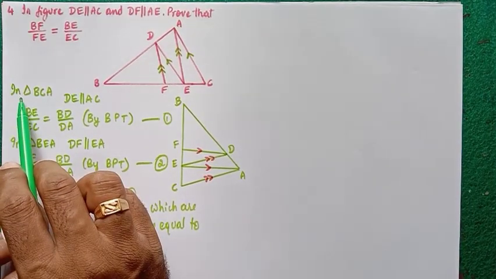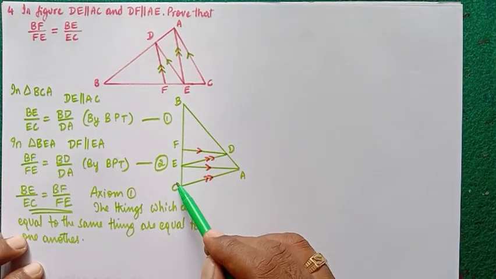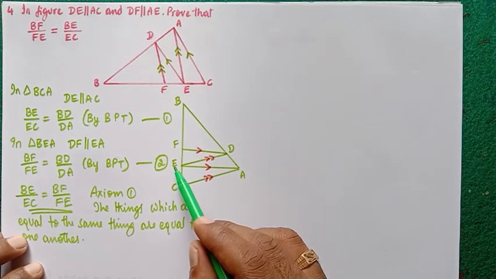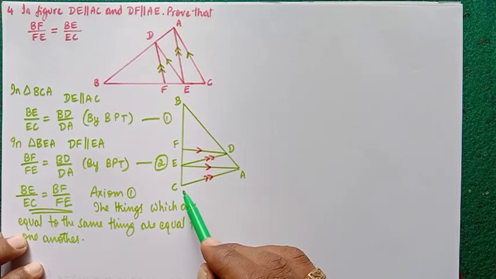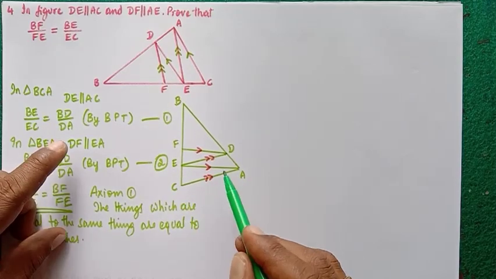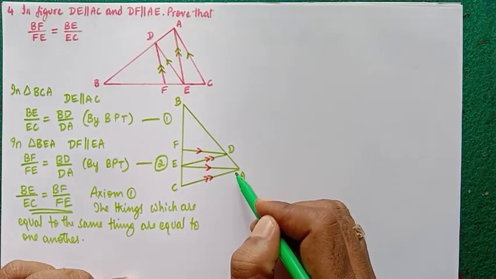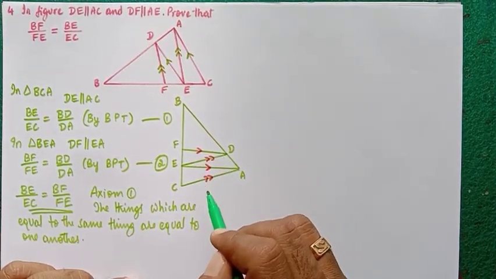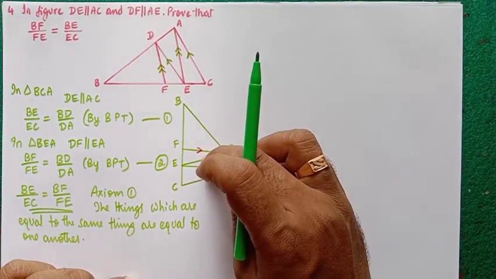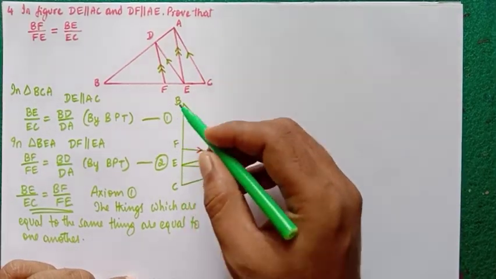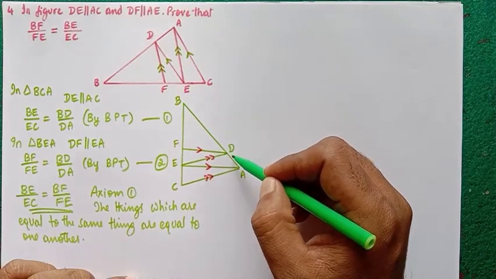In the first triangle, BCA, here DE is parallel to CA. Don't worry about the FD and EA lines, simply take the two arrow lines. So BE by EC is equal to BD by DA.